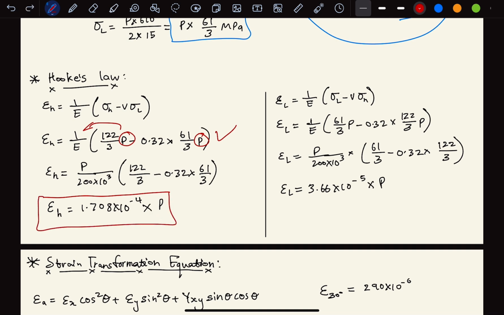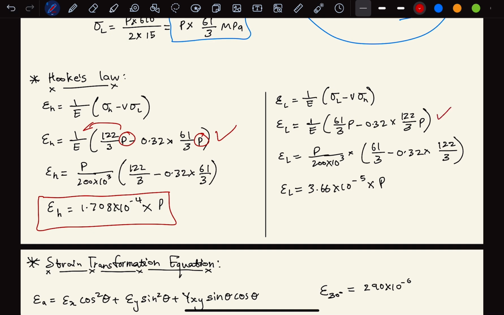P is unknown. And now we will do the same for the longitudinal strain. This is the formula for the longitudinal strain, and we know the values inside this one. We will be substituting and we will be getting this equation.